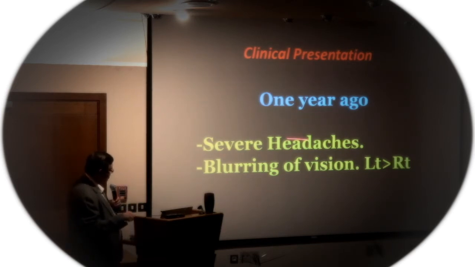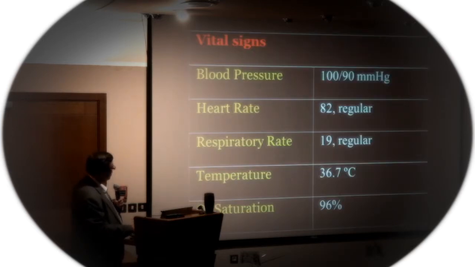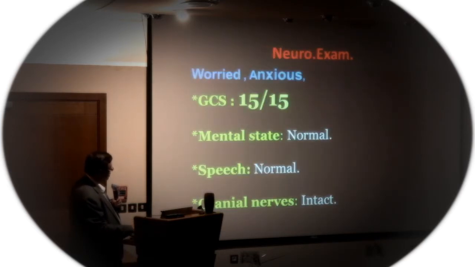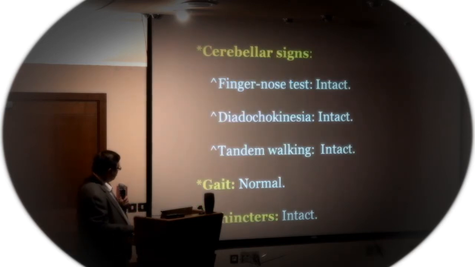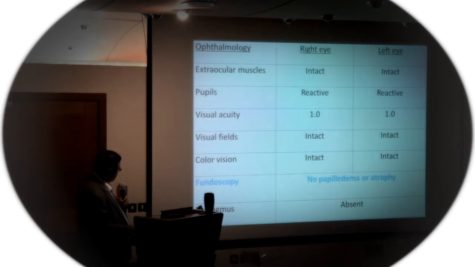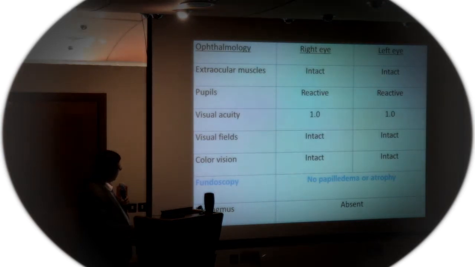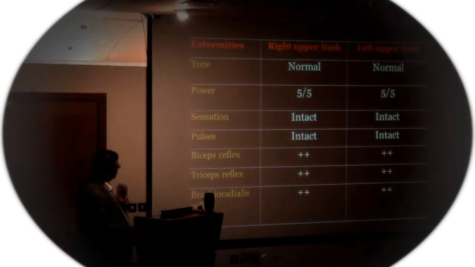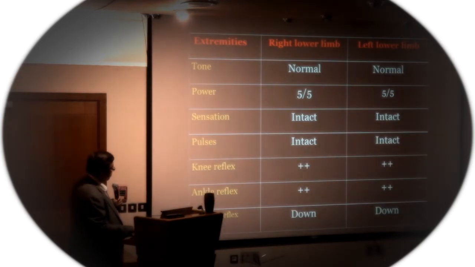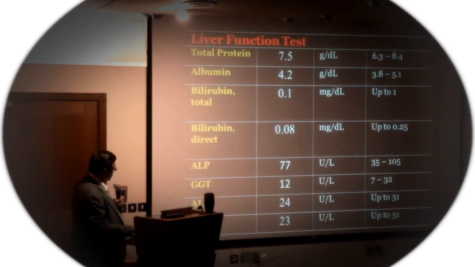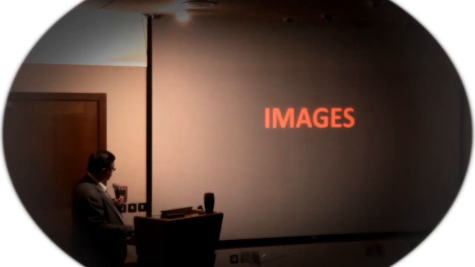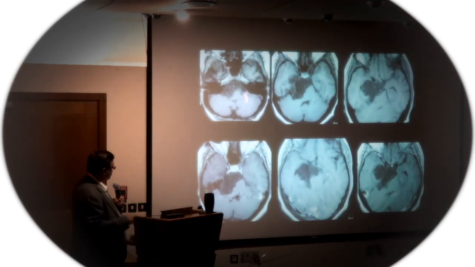So one year before admission, she had severe headaches, and then she started having blurring of vision. Vital signs were okay, general examination was okay, she was worried and anxious. No cerebellar signs, fundoscopy, no papilledema or atrophy, no weakness in her upper or lower limbs. All investigations were normal, and these are her images.